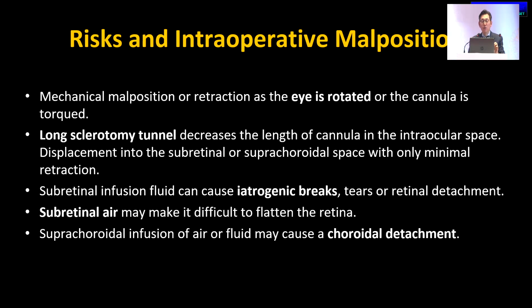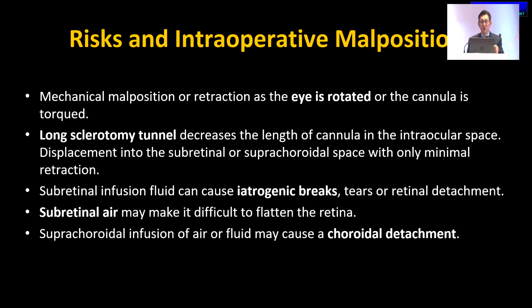So, risks: intraoperative malposition. This is the other problem that you might have, and be very aware of this. When you are manipulating the eye, this is when the cannula can come out. We aim for long scleral tunnels because we want to reduce the risk of hypotony and wound leak, but we are losing length.